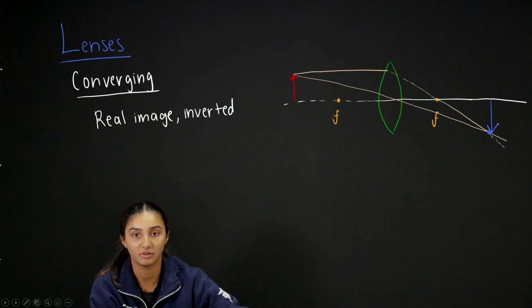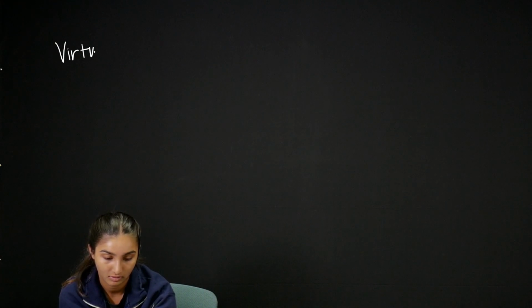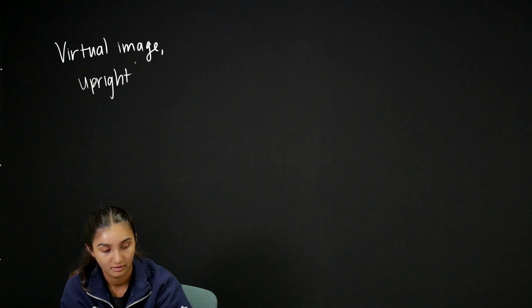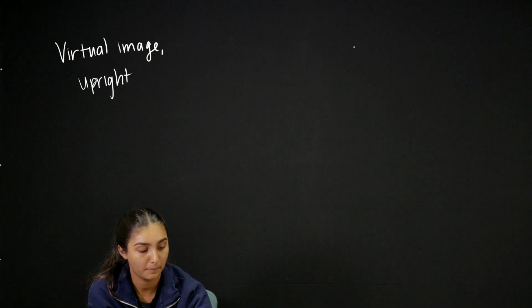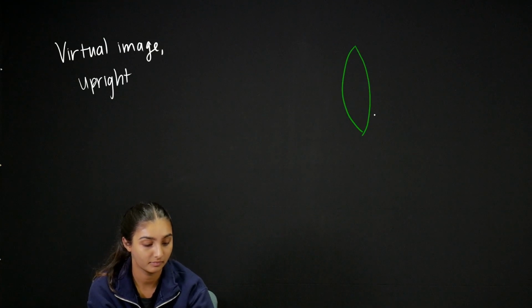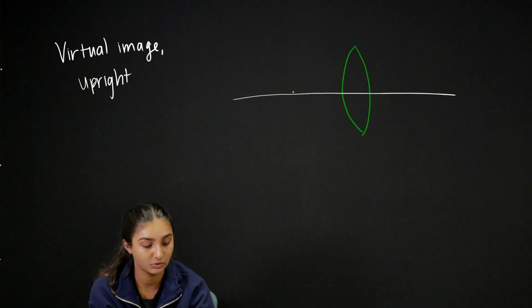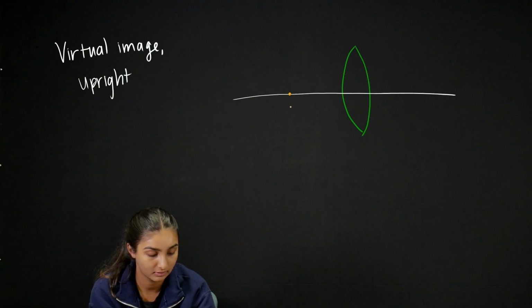Our next type of converging lens image is a virtual image. If we have a virtual image, it's going to be upright. We're just going to draw our lens again, and our two focal lengths.